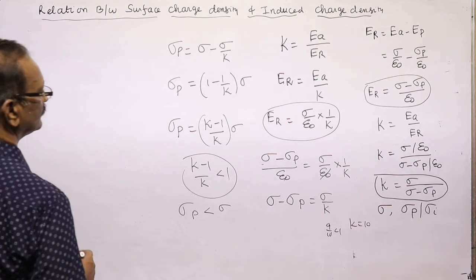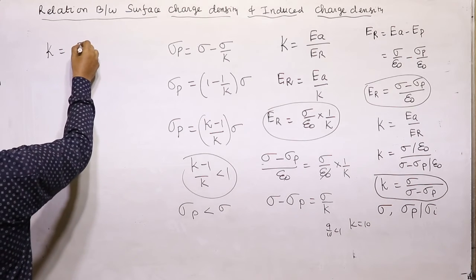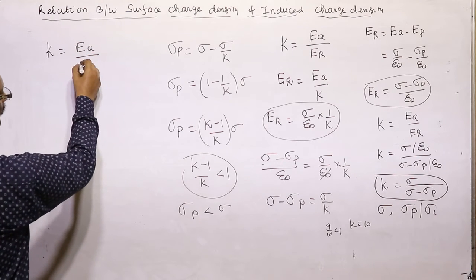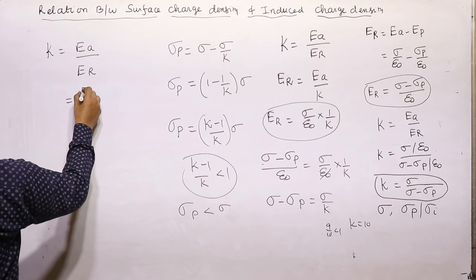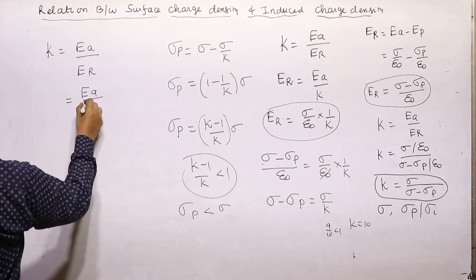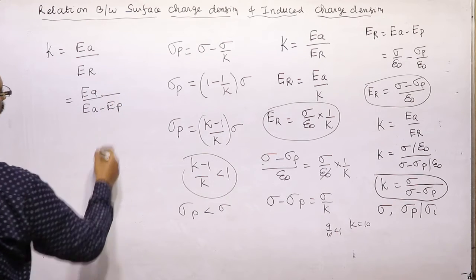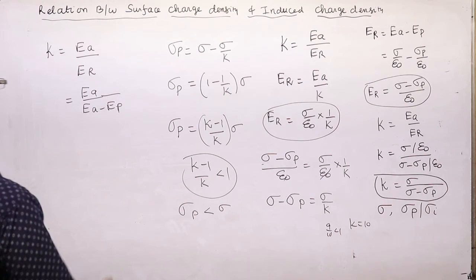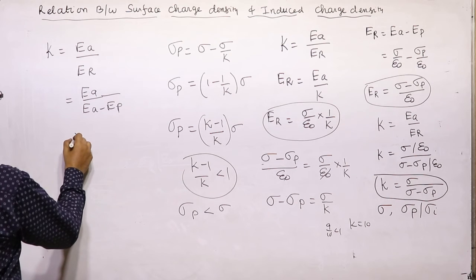As we know, K is equal to E applied divided by E reduced, or E applied divided by E applied minus E polarized. This we have already seen. It means this is E A minus something, so this will always be greater than 1.